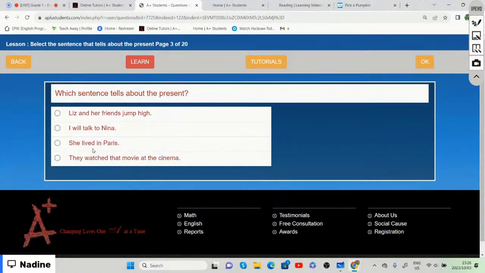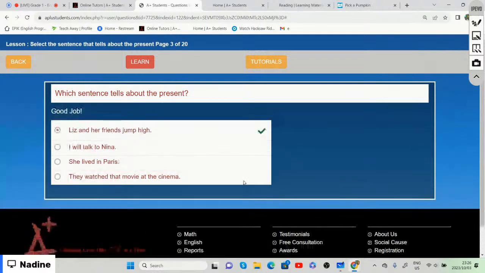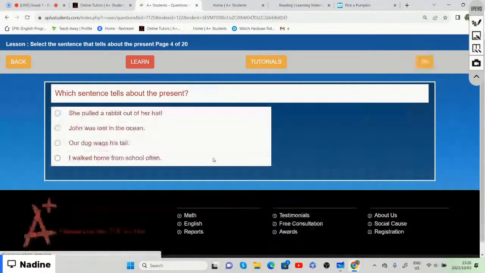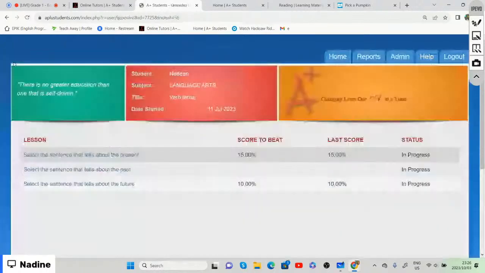If we choose the sentence that tells us about something happening in the present, then we can say Liz and her friends jump high, right? And that is our sentence that tells us about the present.